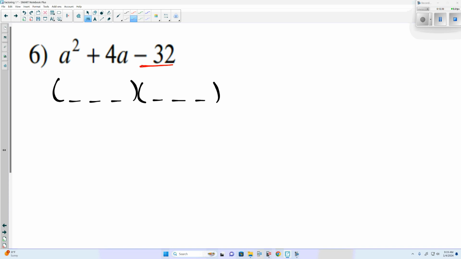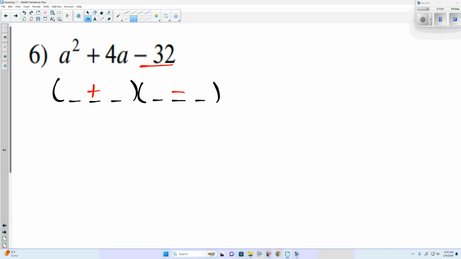If the third term is negative, our signs are opposite. And since the third term is negative, our signs are indeed opposite. One's positive, one's negative. Which one we make positive and which one we make negative really doesn't matter at this point, because again, our last step is to check. So we will check it at the end and see.